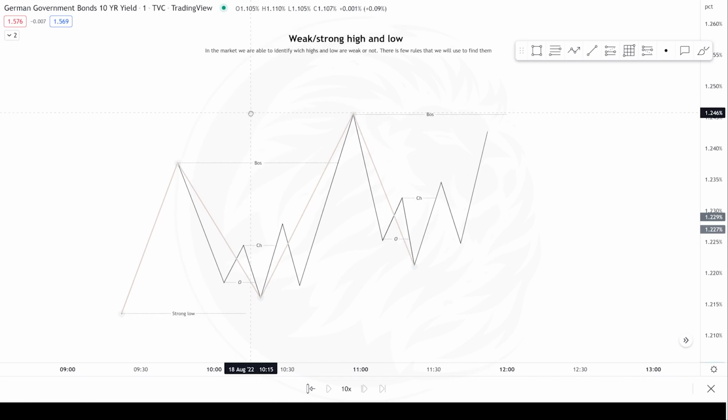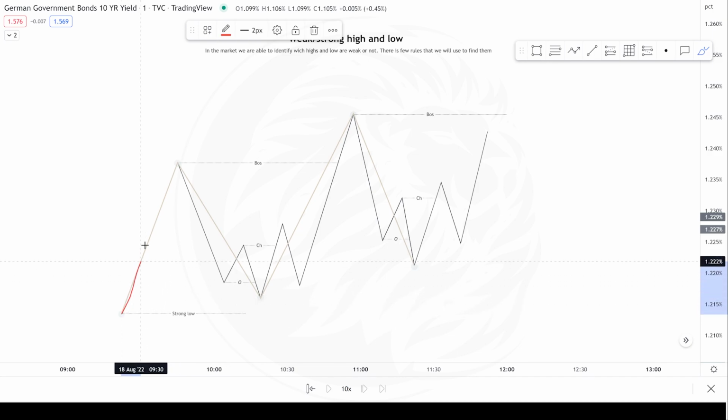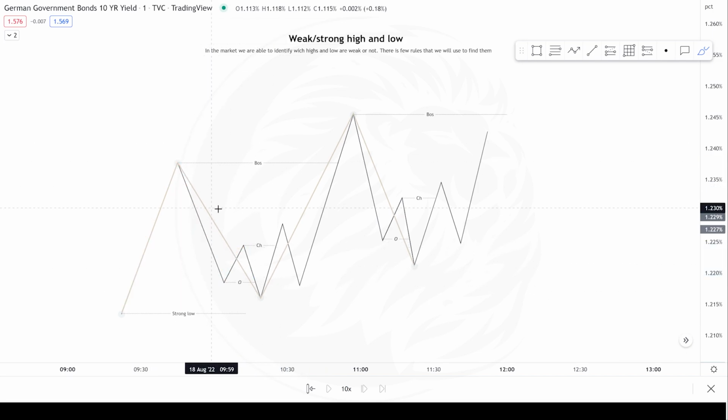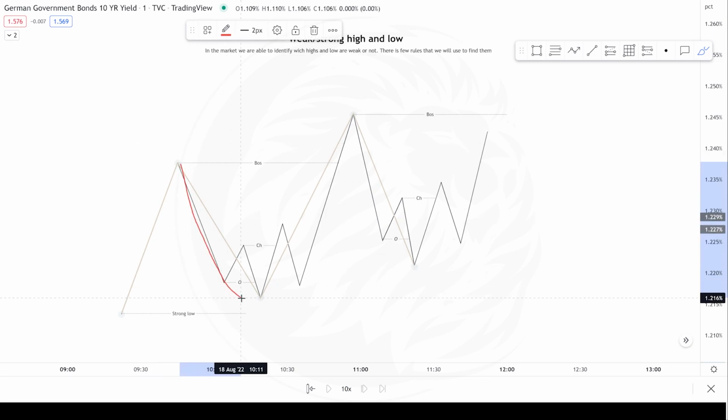So here on the example we are on a bullish trend, okay? And here for now we don't have any form of low in this bullish trend. We have to wait for the low to be formed. But for a low to form, we need a break in the structure.